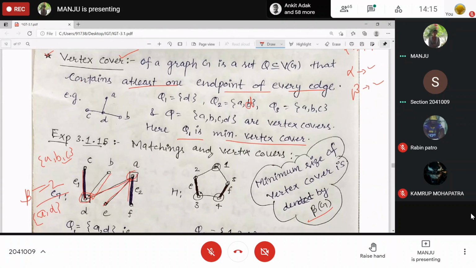Now maximum matching. Can you find maximum matching cardinality? That is alpha dash. These are three vertices over here, three vertices here. Can you find three edges which are independent?